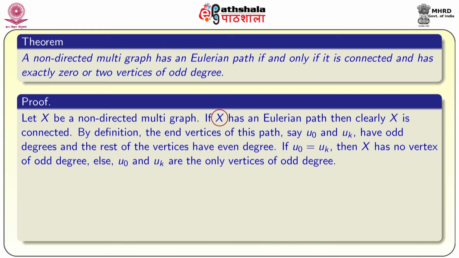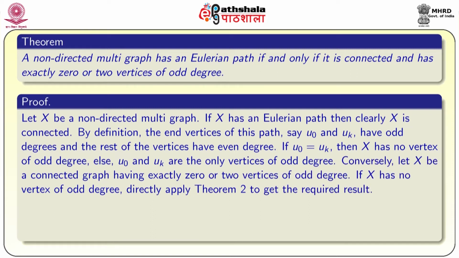If X has an Eulerian path, then clearly X is connected. By definition, the end vertices of this path, say u0 and uk, have odd degrees and the rest of the vertices have even degree. If u0 is equal to uk, then X has no vertex of odd degree, else u0 and uk are the only vertices of odd degree.